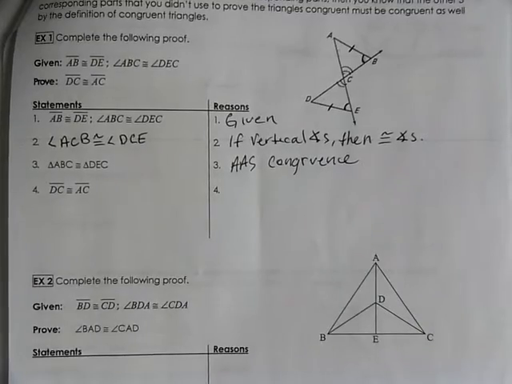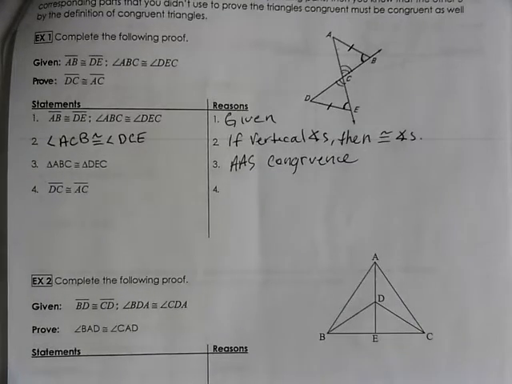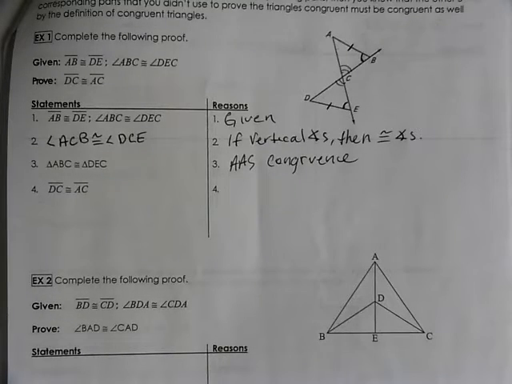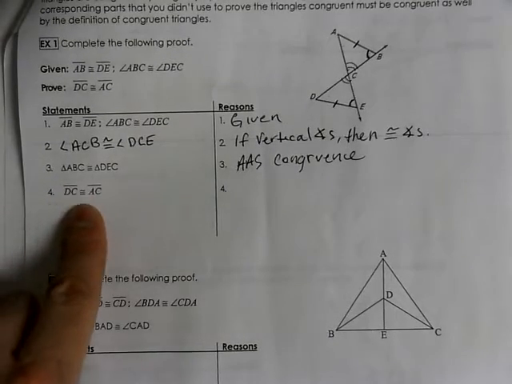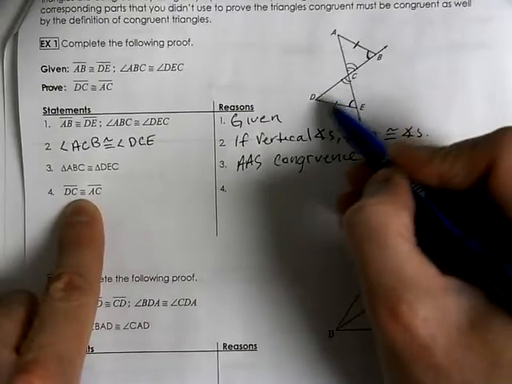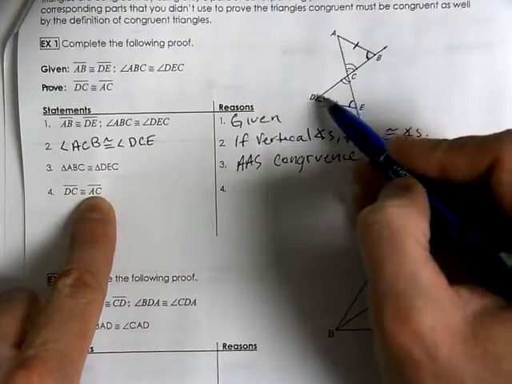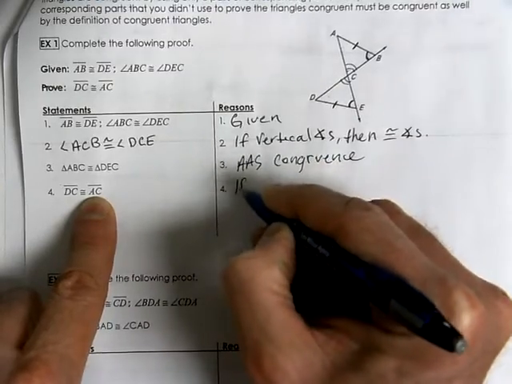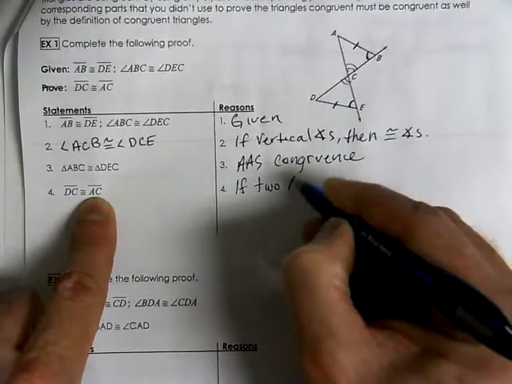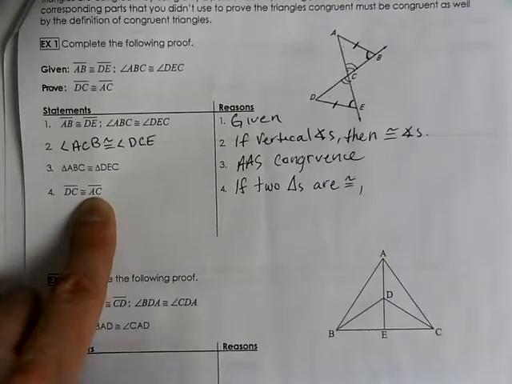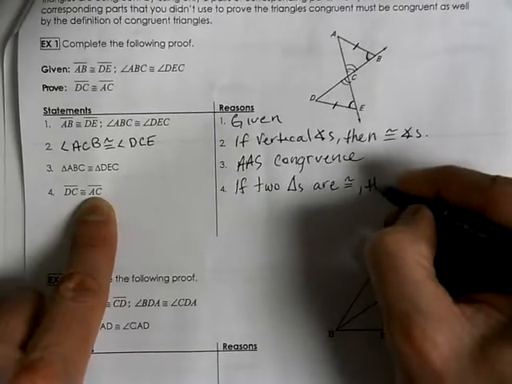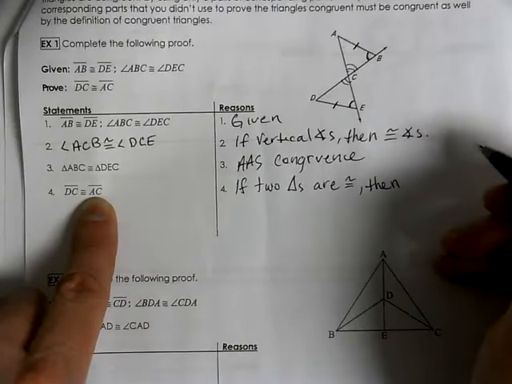Now since we have the triangles congruent, that's where we stopped before. But now we're able to take an extra step. We're able to show other things we did not know before. One of those would be this extra pair of sides. DC is going to be congruent to AC. If two triangles are congruent, which we have, if comes earlier, then it's coming right now.